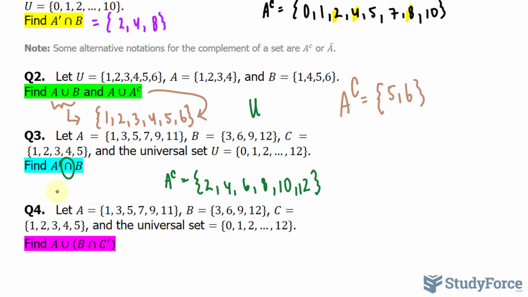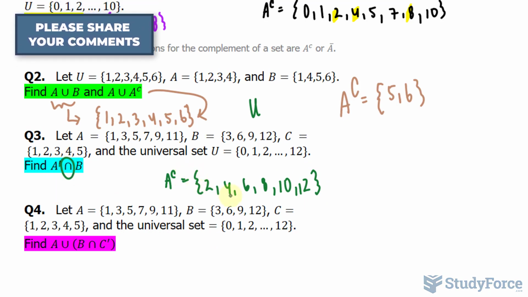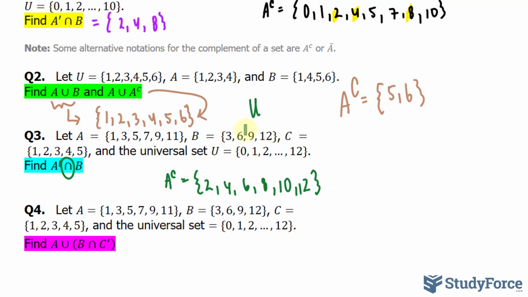And if we're finding the intersection, we have to find what's in common with this set and that in B. Take a look. We have a 6 that's in common and a 12 that's in common. So in roster notation, the answer to this, and we'll put our numbers inside these braces, is 6 and 12.